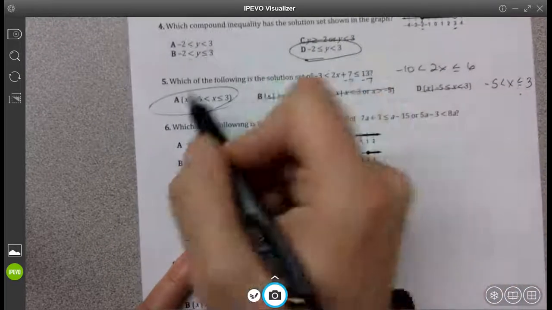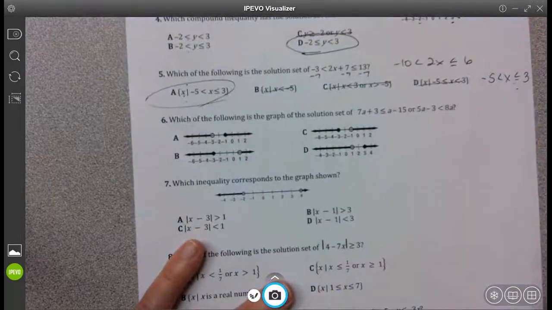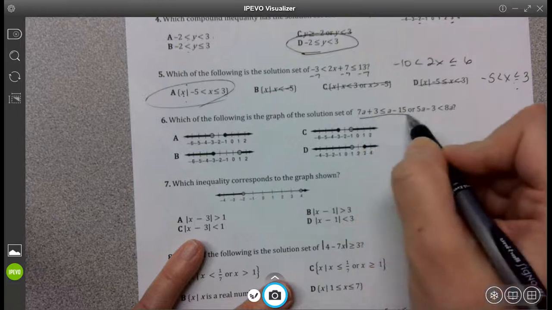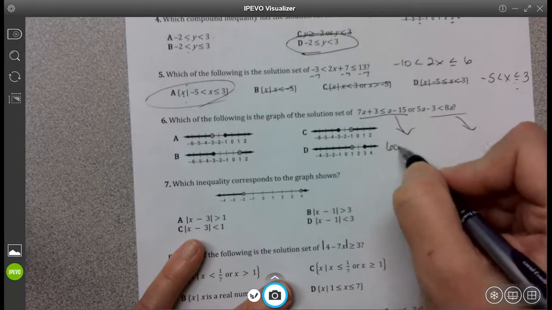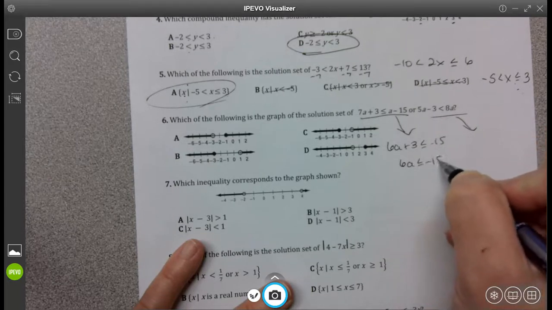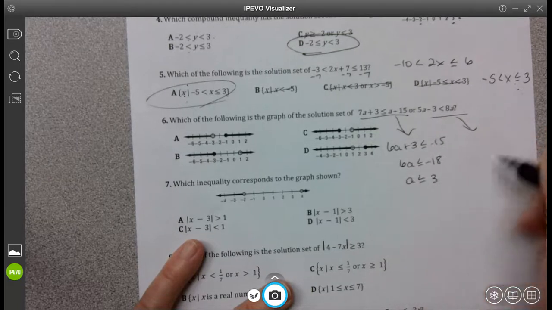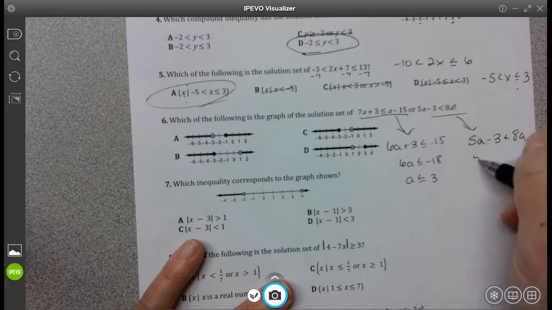Okay, it's saying your variable is x, given that x is between these two. Which of the following is a solution set for this and this? So we have to solve. Bring a to the other side. Bring 3 to the other side. Divide both sides. Bring 3 to the other side because we want variables on the left.